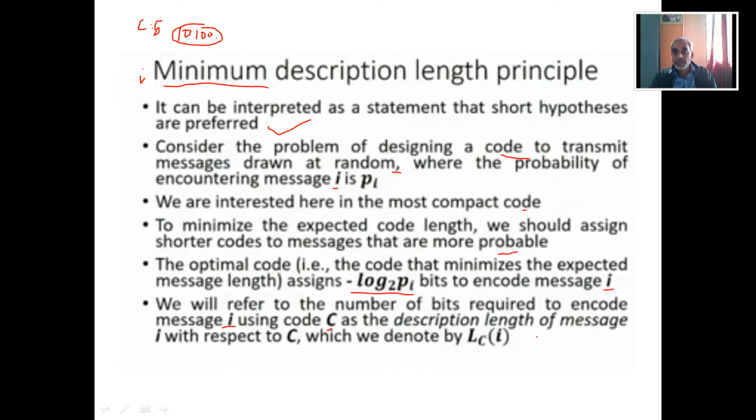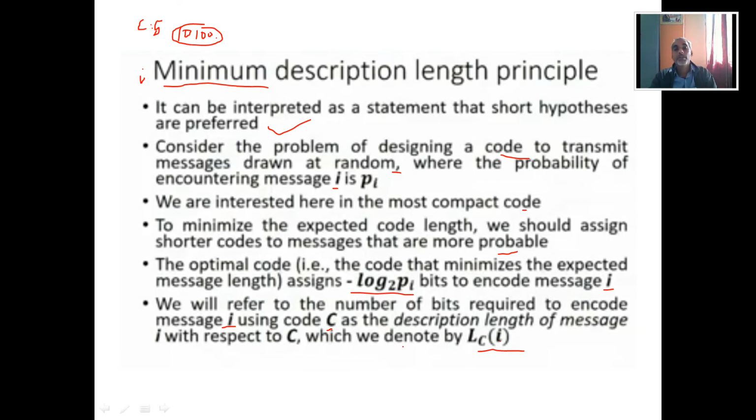We call it the description length of message i with respect to C, and this is denoted as LC of i. The notation LC of i is the description length of message i with respect to the code C. So you have to remember this.